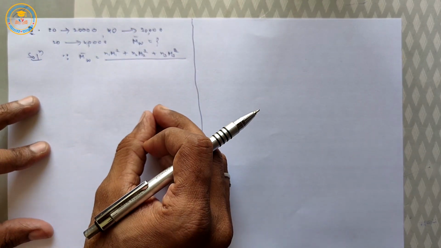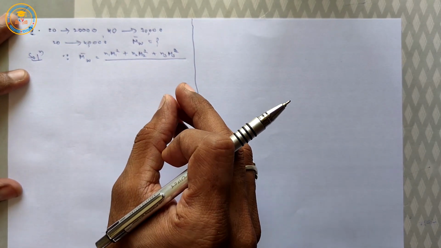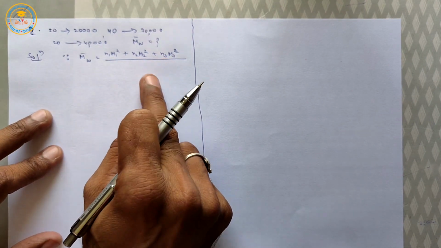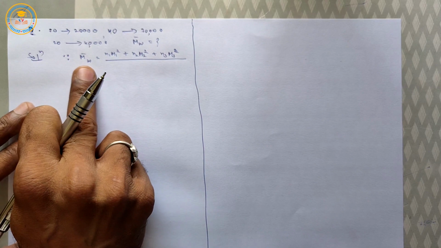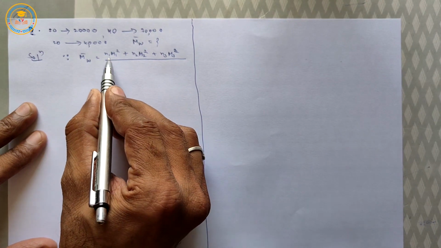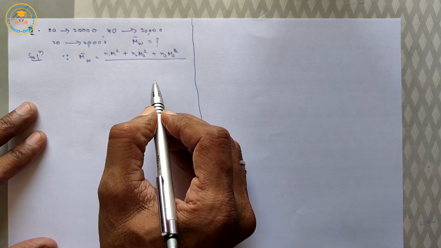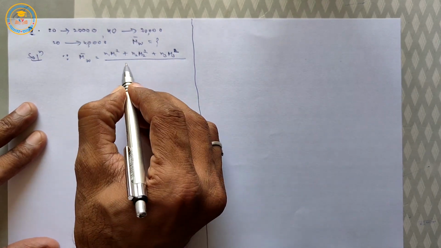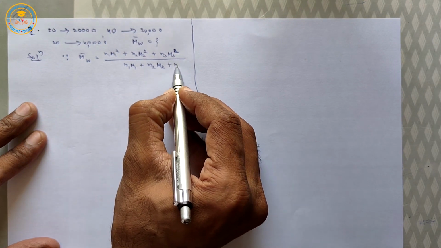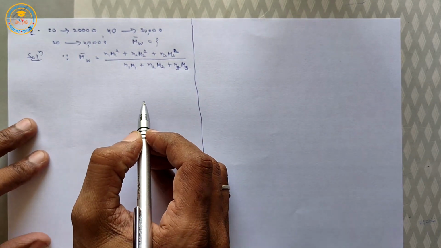Here in the polymer sample, three types of molecules are present, so N1, N2 and N3 are involved in the calculation of M bar W. So I repeat, M bar W is equal to N1 M1 square plus N2 M2 square plus N3 M3 square divided by N1 M1 plus N2 M2 plus N3 M3.